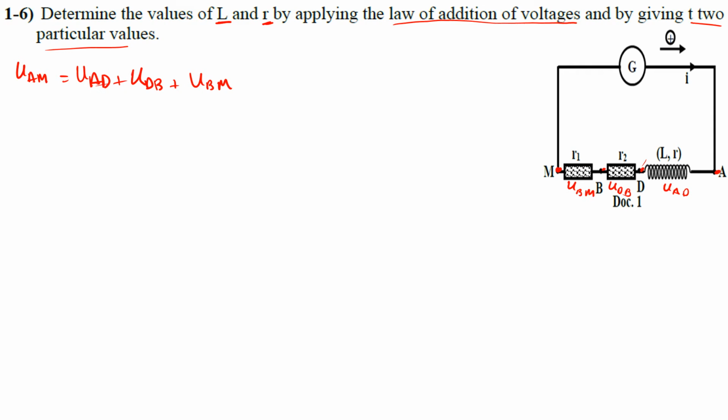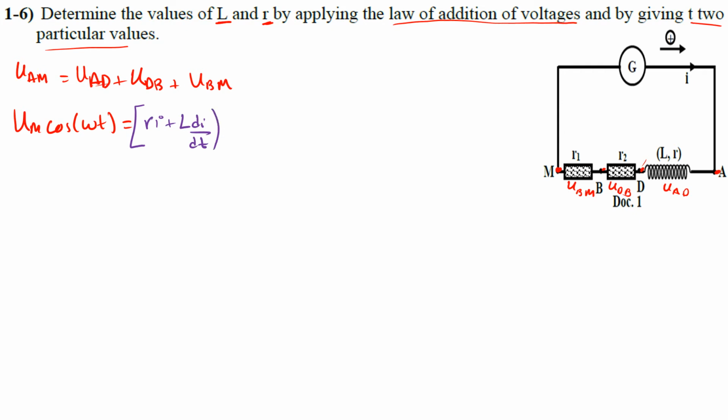So UAM is UM cosine omega t of the generator, equals UAD, which is for the coil. I will use a different color to differentiate between different parts. So for the coil, it will be Ri plus L di by dt. Why?